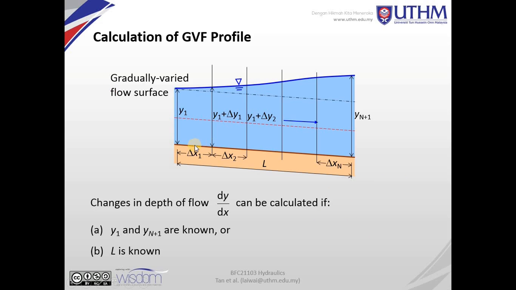So in this case, we have more than one segment. This is segment 1, this is segment 2, segment 3, segment 4, and segment 5. So the more segments we create, the more accurate result we will get for the length of the GVF profile.